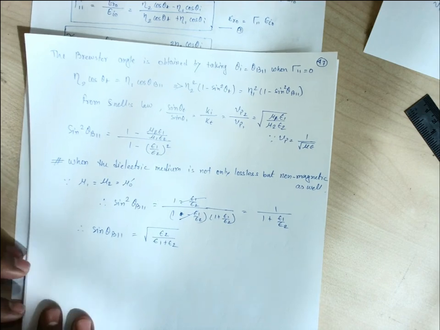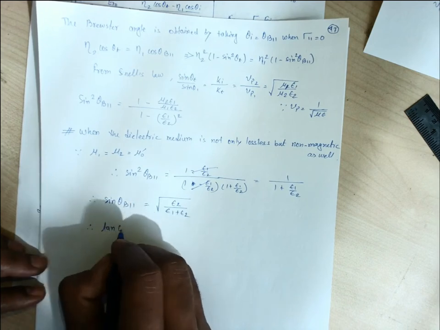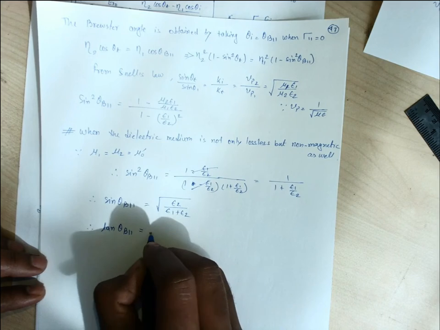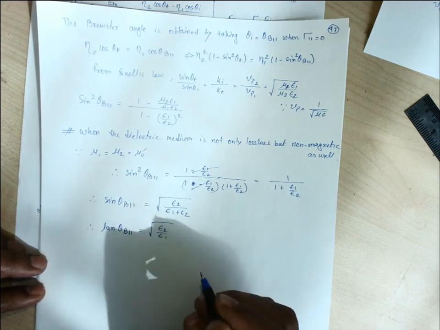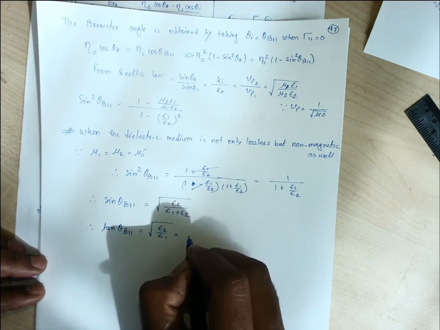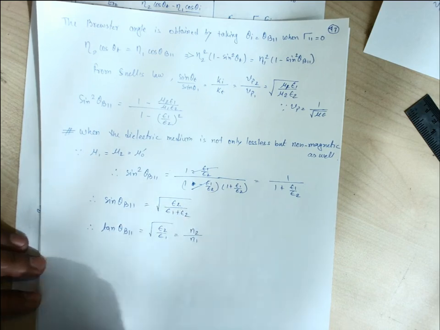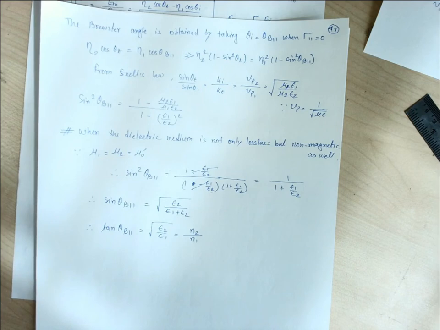So from this we can also find out the tan. Therefore tan theta b parallel is root over of epsilon 2 by epsilon 1, and it can also be written as n2 by n1, whatever we have written for Snell's law, whatever the value for n1 and n2. So this is the Brewster's angle for parallel polarization or TM wave.